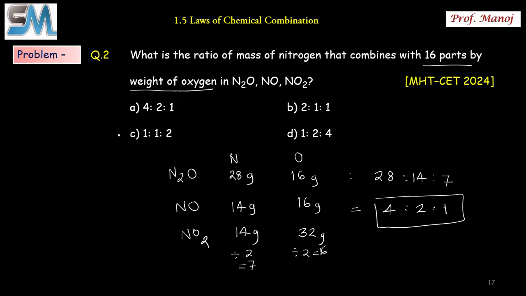So the ratio comes out to be 4:2:1. You can see MHT CET has asked a bit different type of question over here, which needs calculation, but the example is the same as our syllabus we had done.